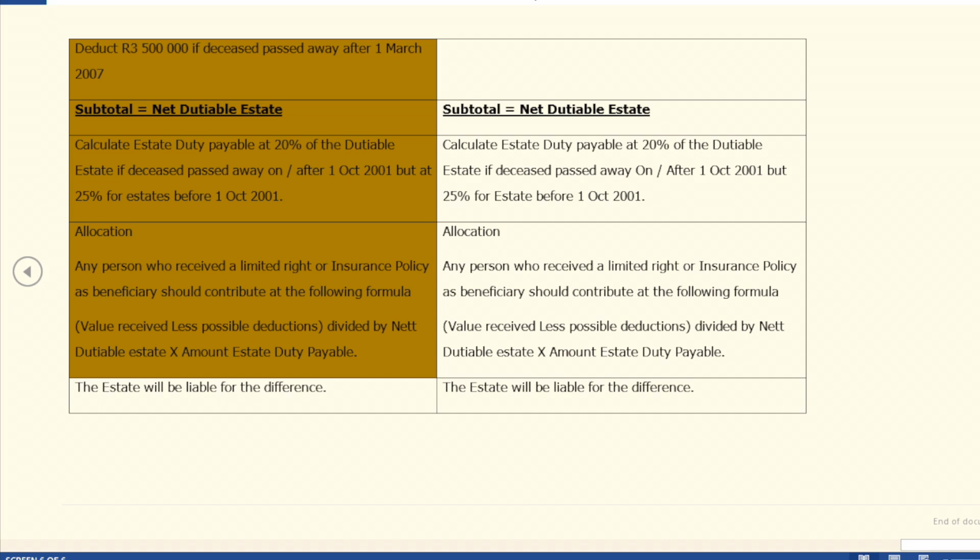With that being said, ladies and gentlemen, these are some of the things that need to be studied insofar as estate duty is concerned, so that the person knows what needs to be deducted and what needs to be added. Reason being, you cannot deduct things when you don't know what they are called in estate duty, and that is one reason that makes many people think estate duty is boring, because they don't even know what is contained under estate duty.